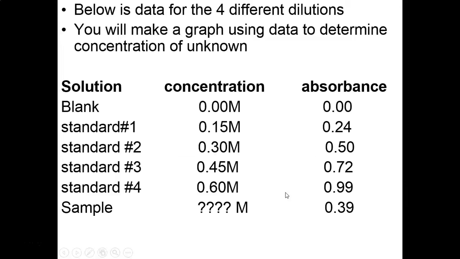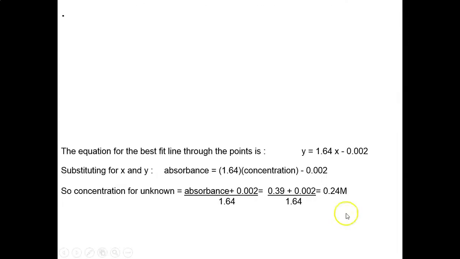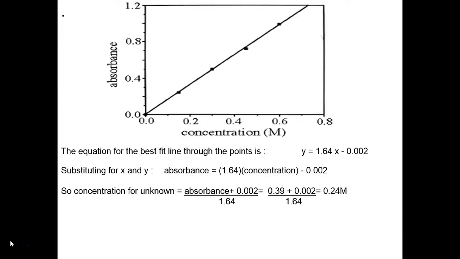If you notice in the previous slide, this was my absorbance, 0.39. I'm going to plug it into this equation, and I'm going to add 0.02, divide by 1.64, and there's my concentration. So that's how you determine the concentration of an unknown chemical using spectrophotometry, which is basically light shining through a solution. There's your original data point. And that is quantum in a nutshell.